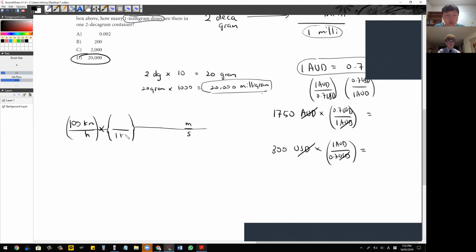So I put 1 kilometer. I know that 1 kilometer is 1,000 meters, right? Then the kilometer will cancel. And I want to cancel the hour and make it into seconds. I know the connection between hour and minute, which is a lot easier: 1 hour is 60 minutes. So the hour cancels out. Then I need to cancel the minute and turn it into seconds, so I put minute here and seconds here.